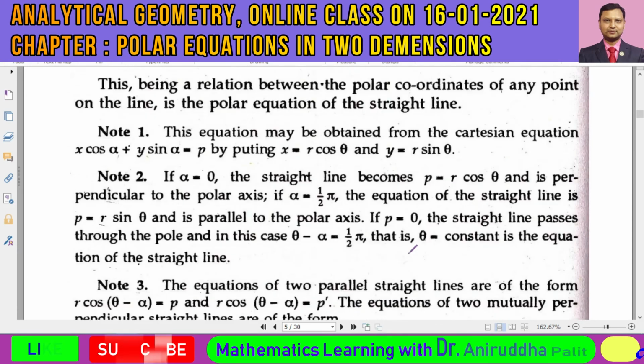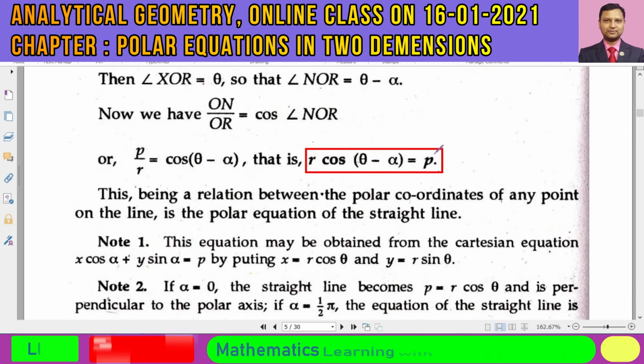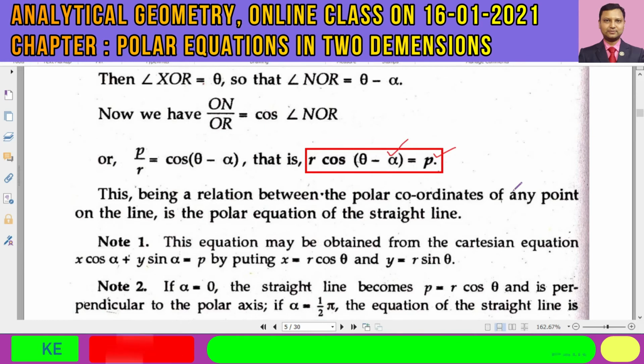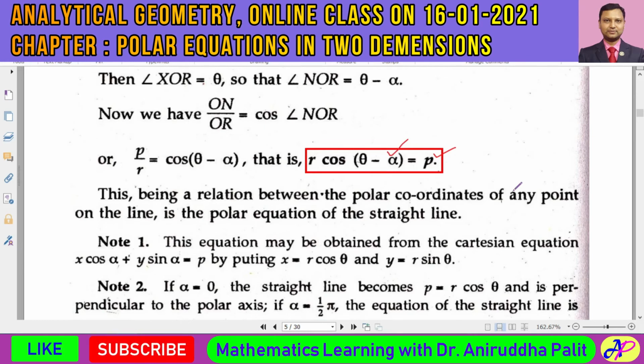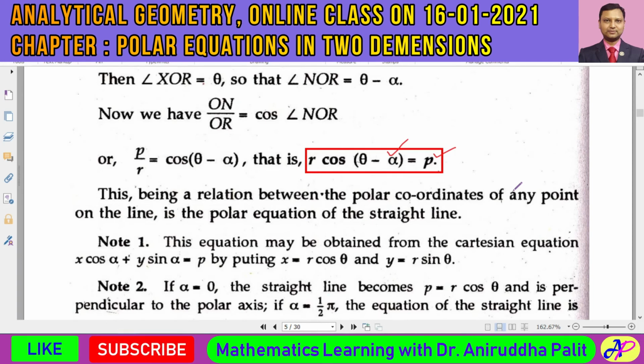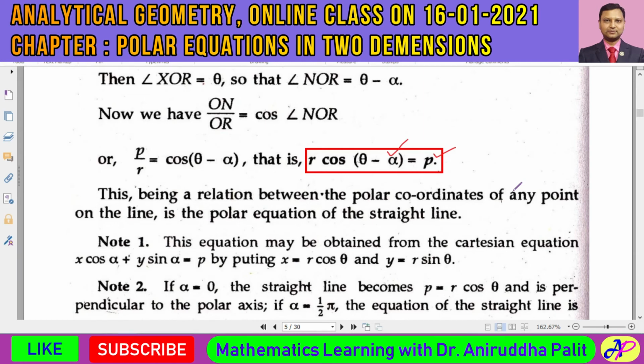Even in this equation, this p and this alpha are two arbitrary constant quantities. You have to determine these constants in order to properly compute the equation of the straight line. So a straight line will always involve two arbitrary constants, whether represented in polar coordinates or Cartesian coordinates, it doesn't matter.